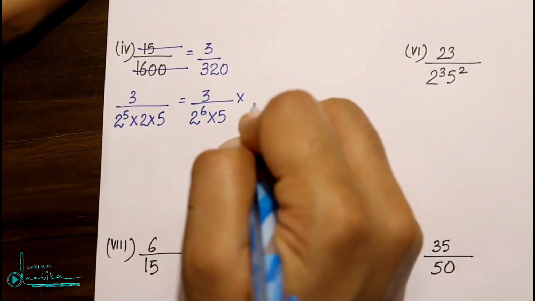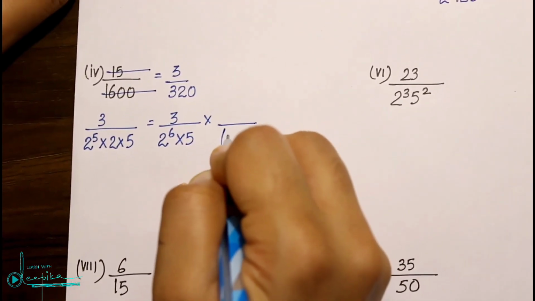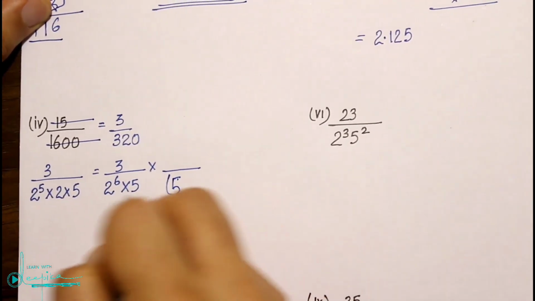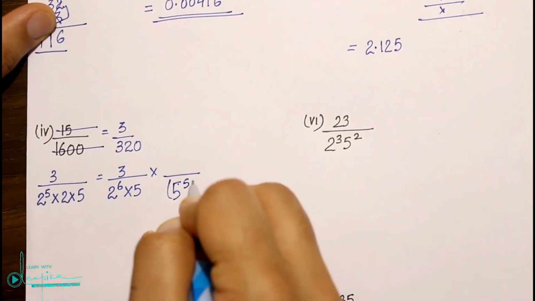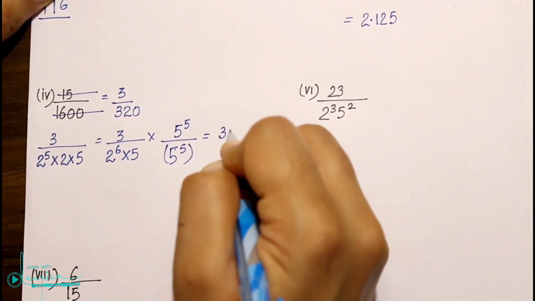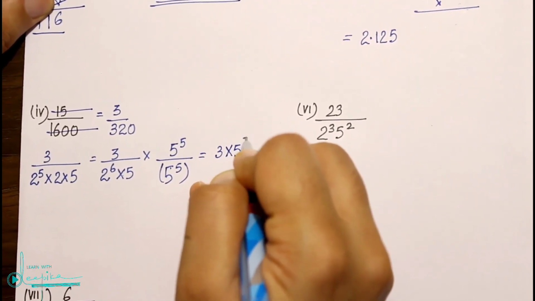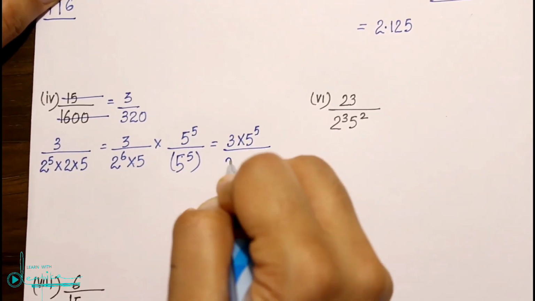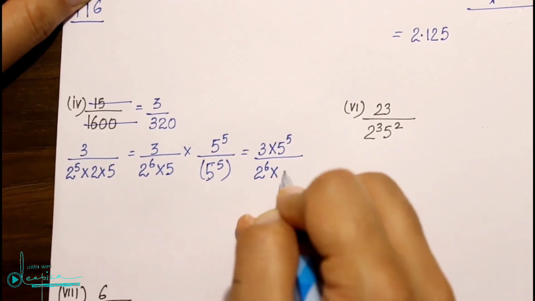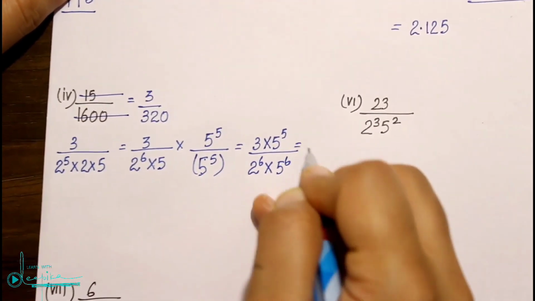In order to make 10, you have to multiply by 5 raised to power 5, and in numerator also 5 raised to power 5. So this will be 3 multiplied by 5 raised to power 5, and in denominator 2 raised to power 6 multiplied by 5 raised to power 6.